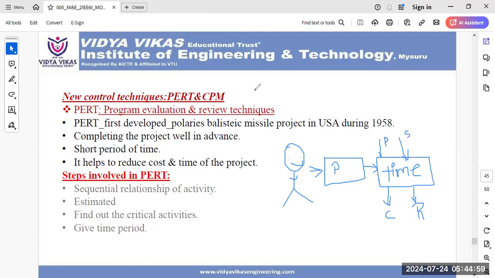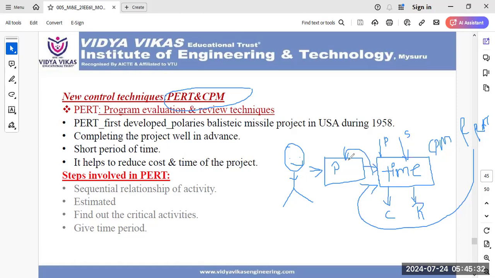Here we are going to use both techniques, PERT, the program evaluation and review technique, and CPM, the critical path method technique, in order to find out the amount of time required to complete the project.